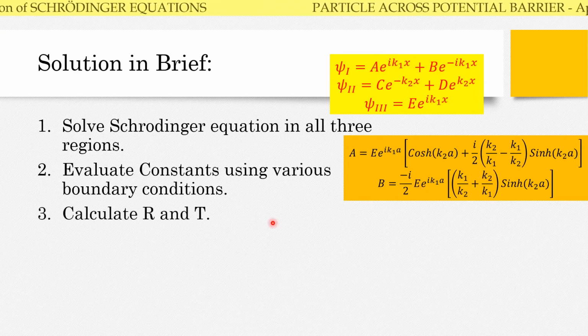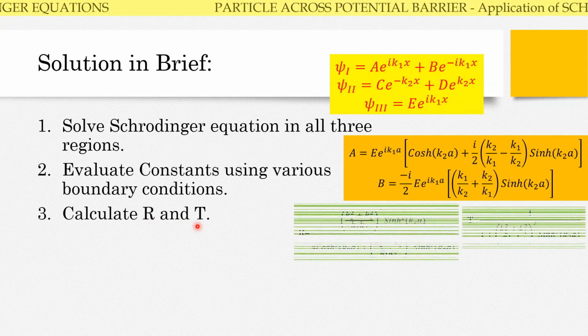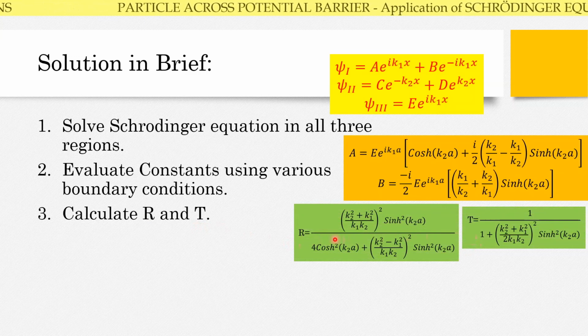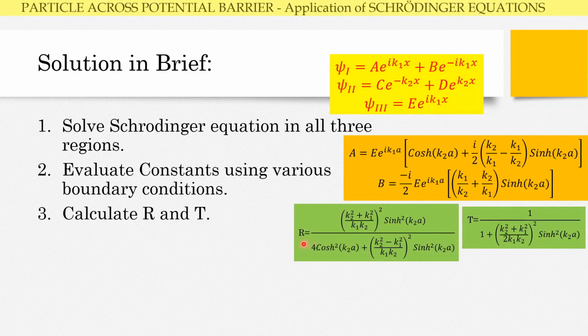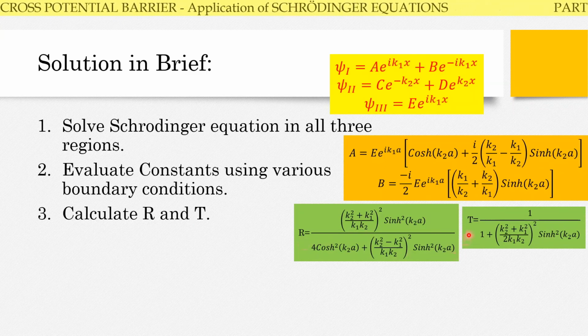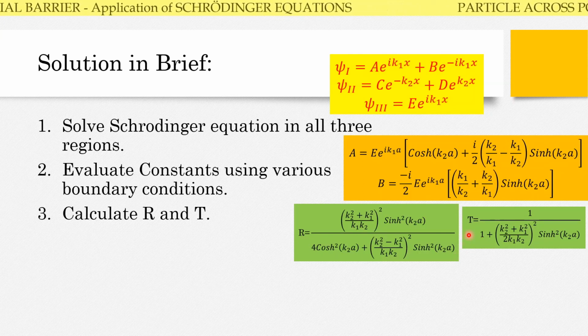In the next step, we calculated the reflection coefficient and the transmission coefficient, R and T, and observed that R is not equal to 1, meaning the reflection is not 100%, and T is not equal to 0, which means that there are chances of getting transmission.